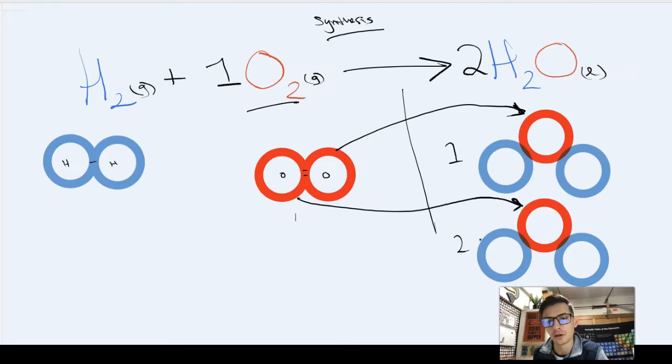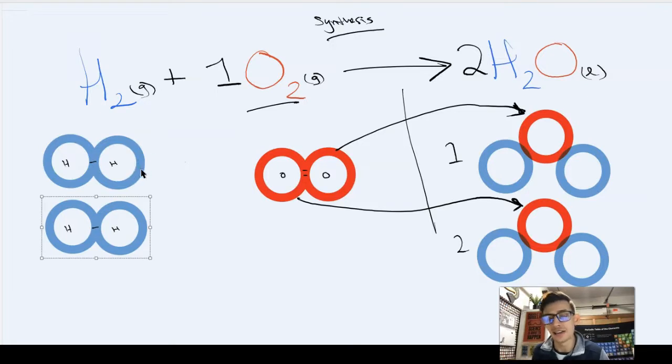So I've got the right representation of oxygens, but I don't have the right representation of the number of hydrogens. I'm missing another hydrogen atom. So what can I do? I can add another hydrogen molecule to the reactant side, and now if I put a 2 there, I have the right number of atoms, because each of the ones on the left can be found on the product side on the right.